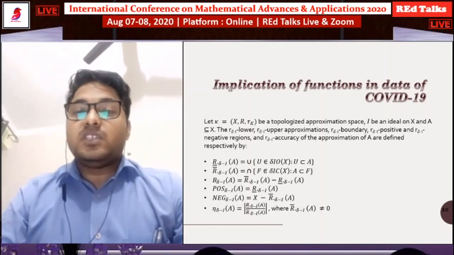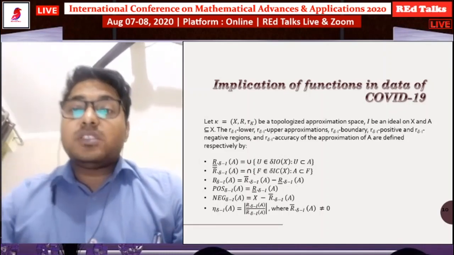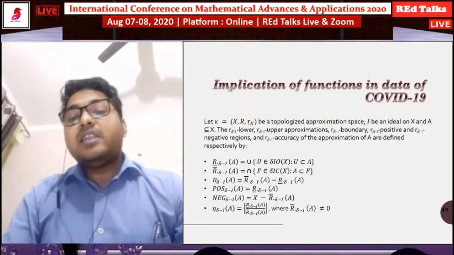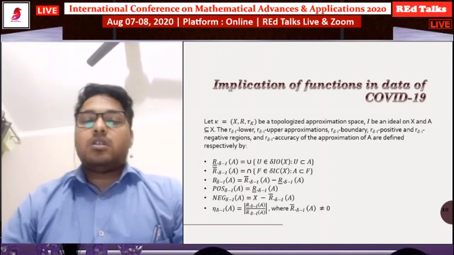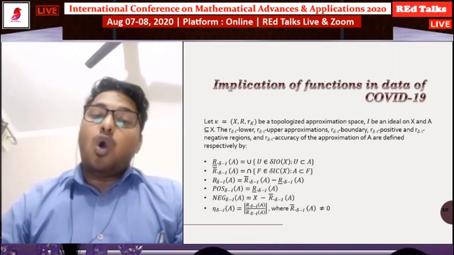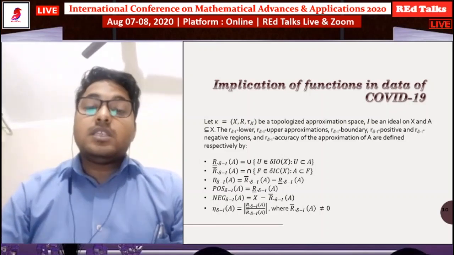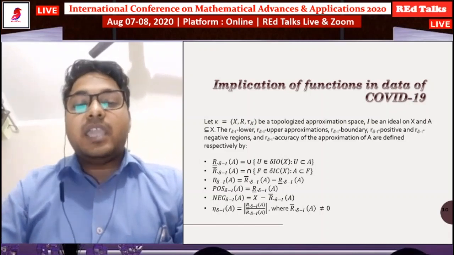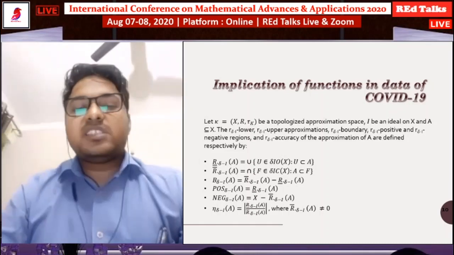The Rδ_I lower approximation is defined as the union of all those δ_I open sets such that they are contained in the set A. Now we define the Rδ_I upper approximation of A by taking the intersection of all those δ_I closed sets that contain the set A. Now, the boundary is clear enough.